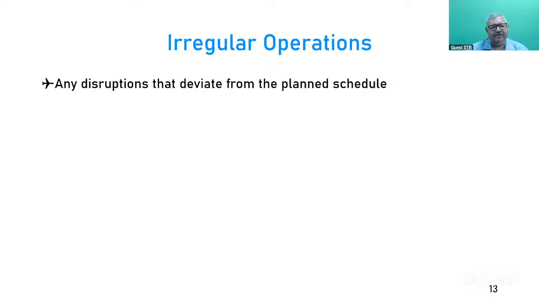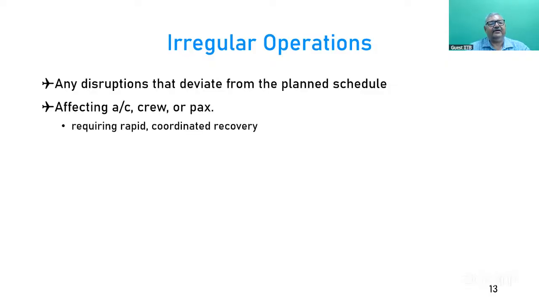They affect the aircraft, the crew or passengers, and they require rapid coordinated recovery. Otherwise, it will leapfrog into a bigger problem. And because the operations of all aircraft are interconnected, there can be a massive cascading effect if the IROPS in one situation is not taken care of.